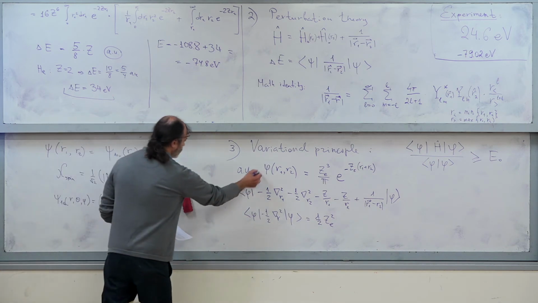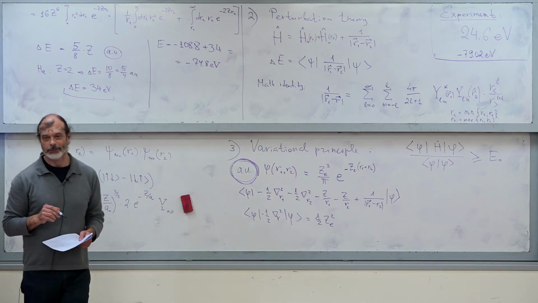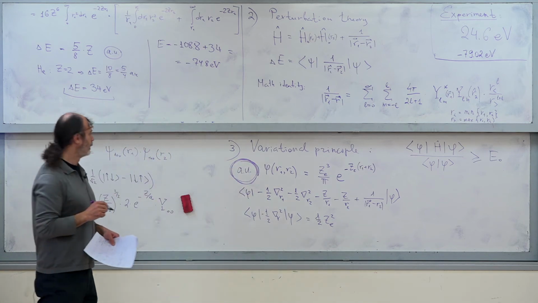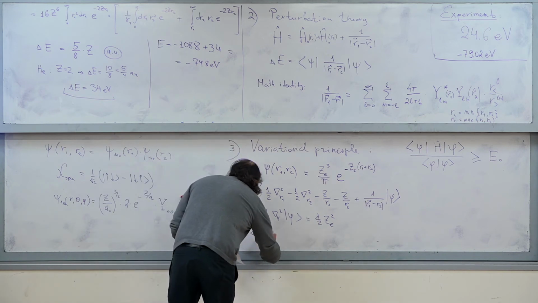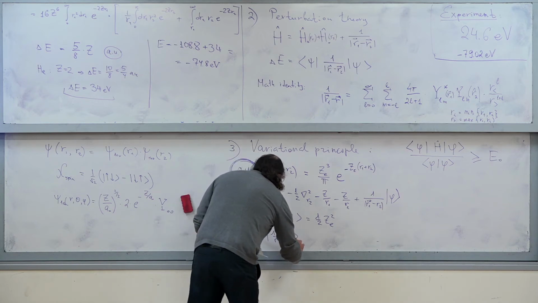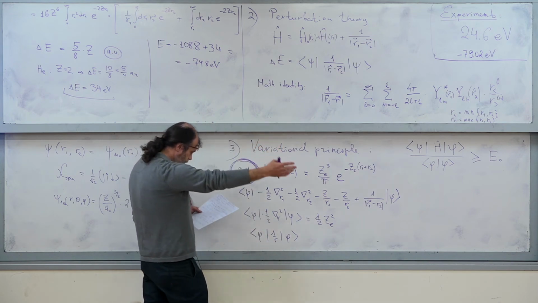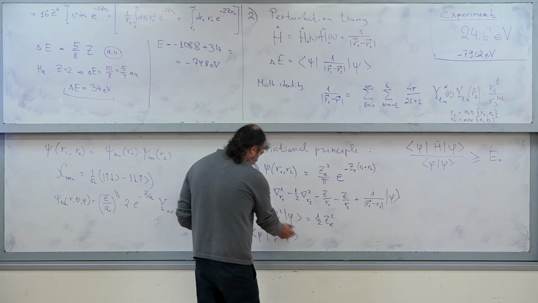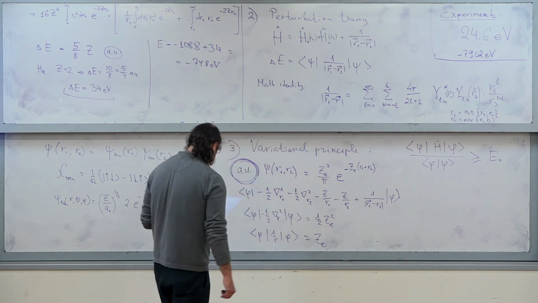We are working in atomic units, remember that. Now we are going to calculate the second part, which is the potential energy, 1/r. I'm putting here r because this can be r1 or r2, it doesn't matter. They are equal to each other, and they should be equal to ZE.